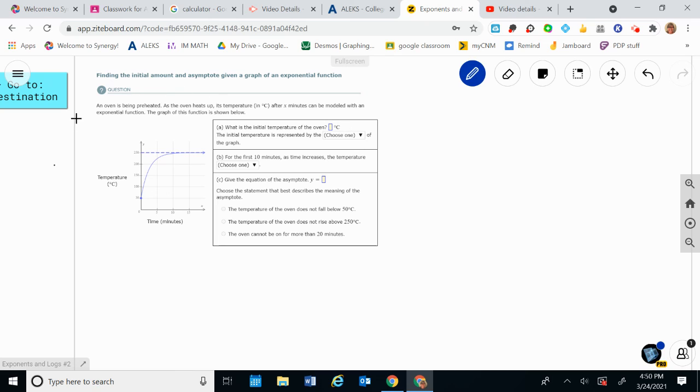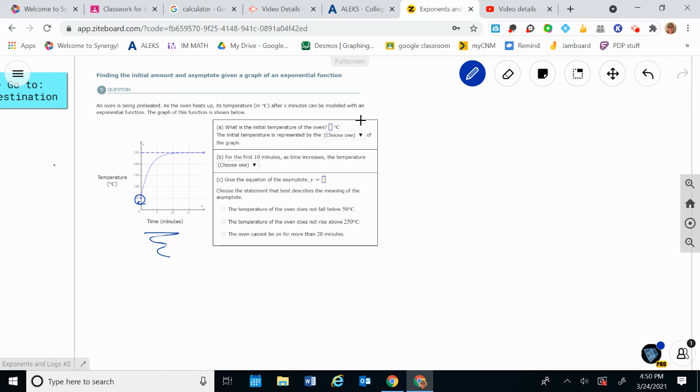So take a look. This is about an oven that's being heated. The oven will never get past 250 degrees Celsius, which is pretty dang hot. So an oven is being preheated. As the oven heats up, its temperature in Celsius after x minutes, so time is your x, is modeled by an exponential function. What is the initial temperature of the oven?